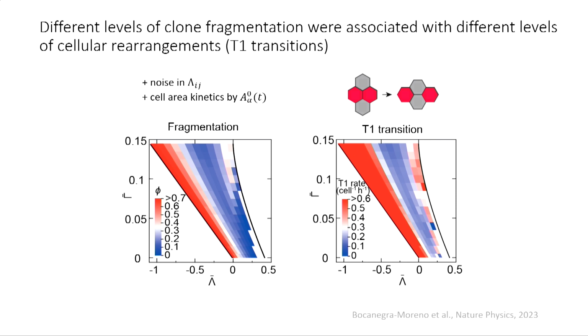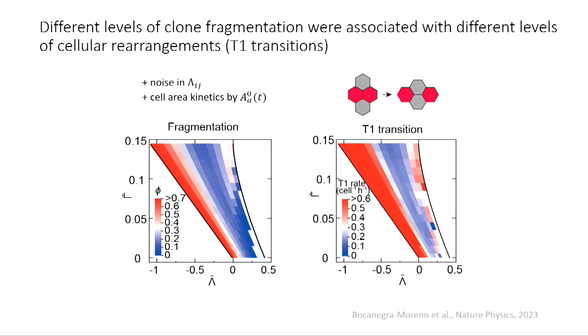So T1 transition, and okay, that's maybe a bit technical, but if we want to measure the fragmentation, it's very useful to measure just T1 transitions, because such a rearrangement of the cells basically creates a fragment. If you have two cells that are adjacent to each other and they undergo a T1 transition, they are no longer a single fragment.